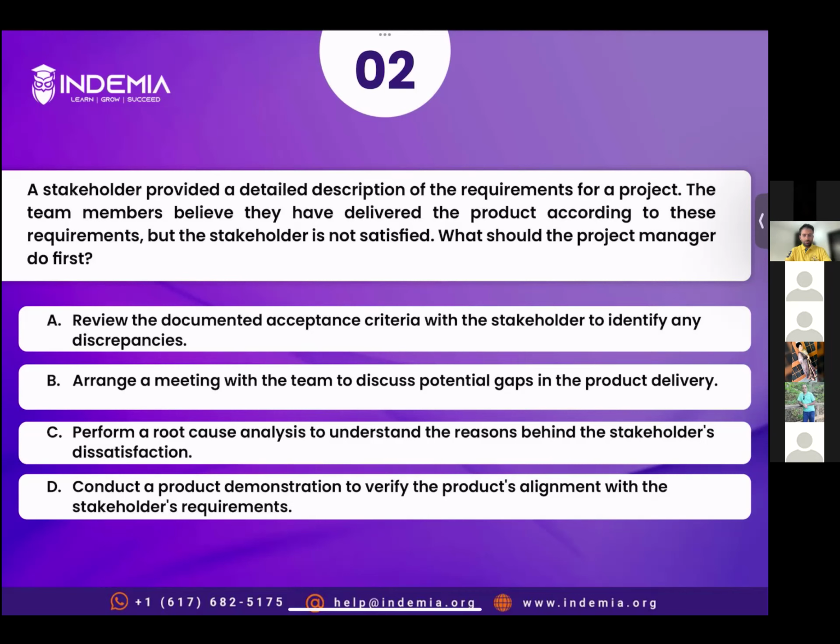All right, Robin, you have chosen option C. I was divided between option A and C, but then what should the project manager do first? I thought that performing a root cause analysis would be the first thing to understand what the issue was, and then review with the stakeholder.